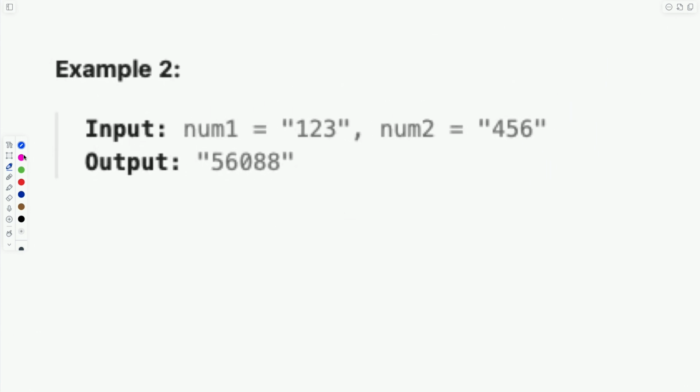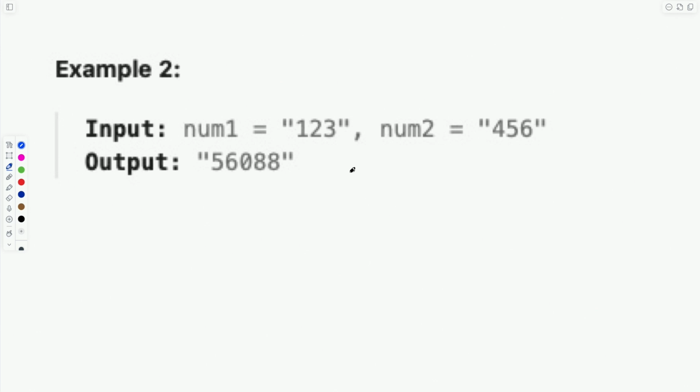In order to solve this problem, I suppose we should remind ourselves how to do integer multiplication by hand. How would you multiply these two numbers together?